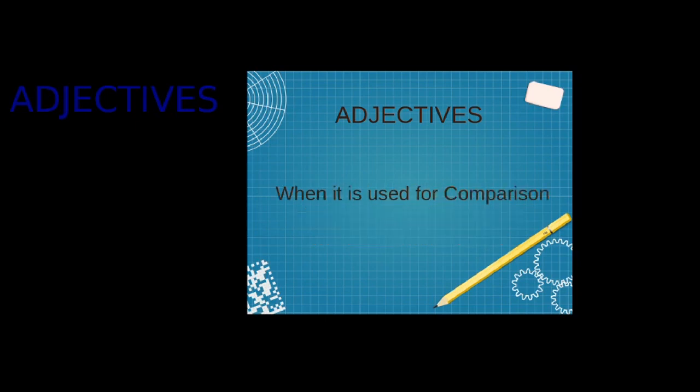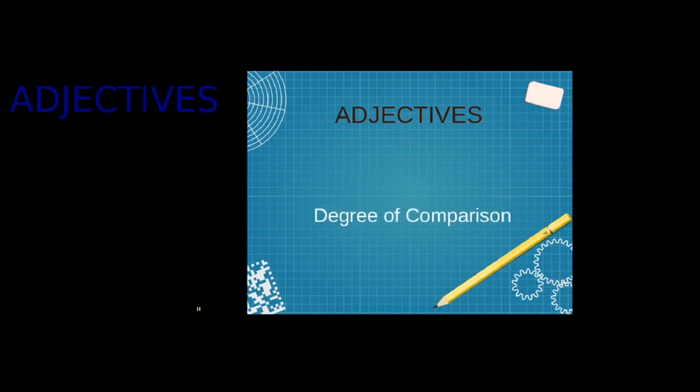When it is used for comparison, it is called degree of comparison. There are 3 degrees of comparison. The first one, positive degree, then the comparative degree and superlative degree.